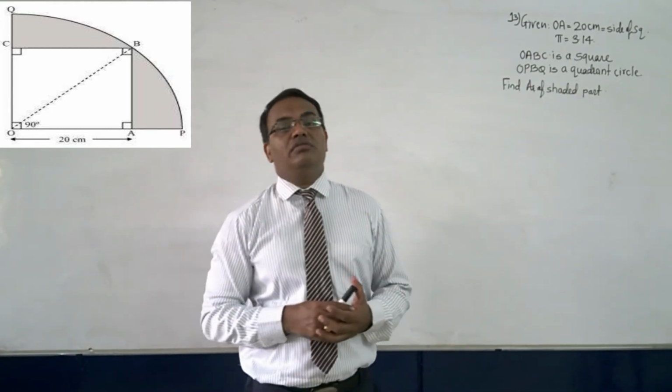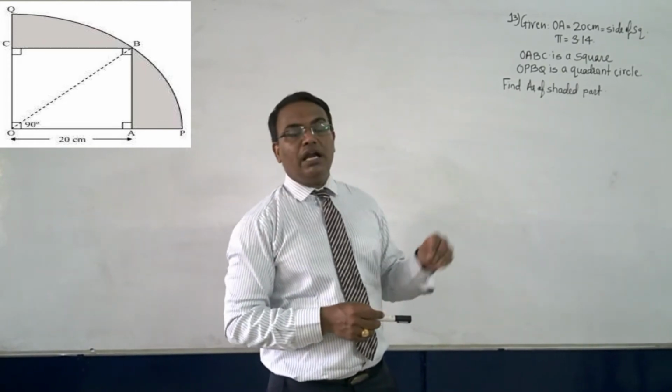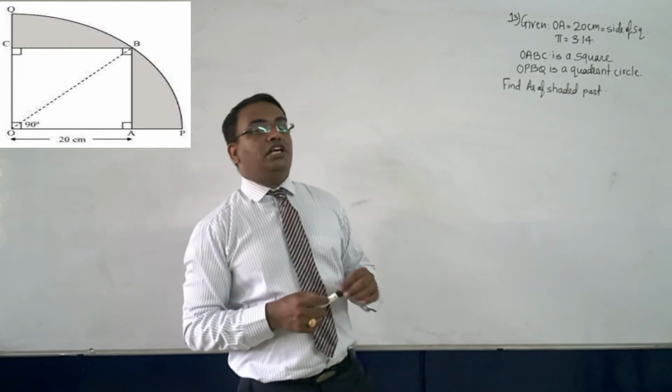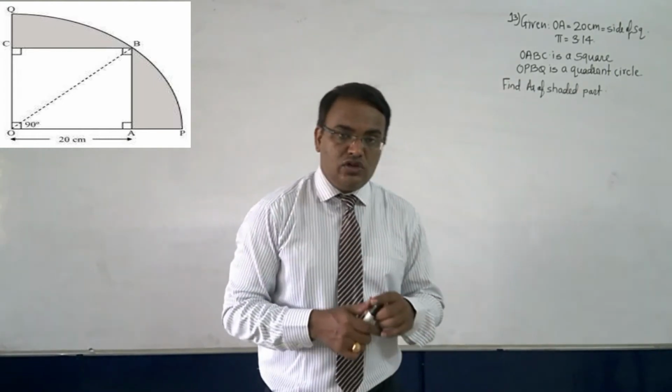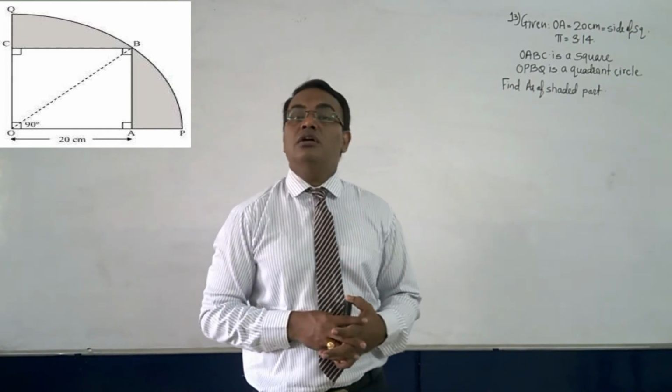Pi we have to use here 3.14. Find the area of shaded part. Area of shaded part can be found by using the formula: area of the quadrant circle minus area of the square.